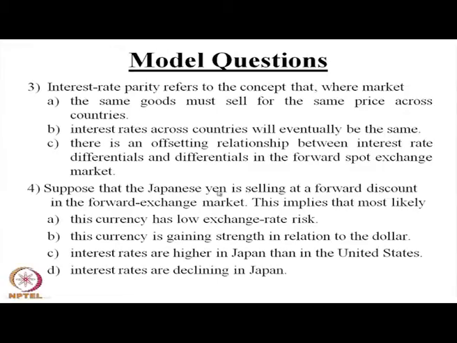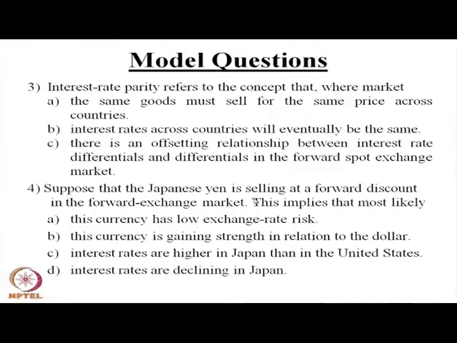Here the Japanese yen is selling at a forward discount, which means there is movement of other currency to Japan. So, the Japan interest rate is higher. So, interest rates are declining in Japan is not correct. Interest rate will be higher in Japan than in the United States, against the dollar.